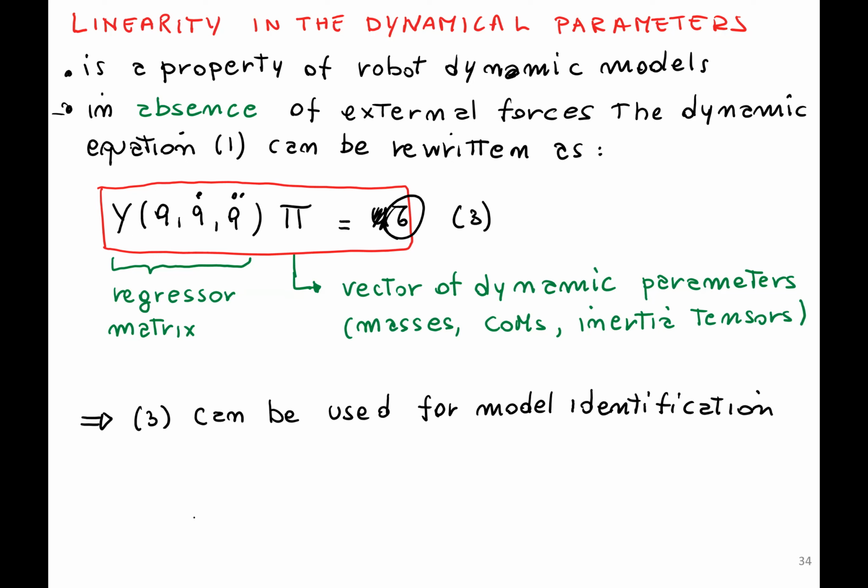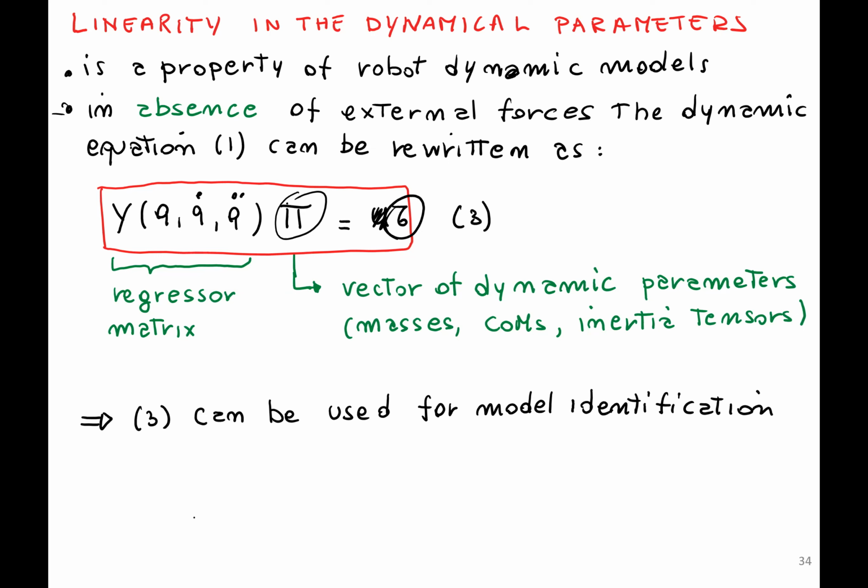We create a big set of regressor matrices and a big set of torque vectors put in a column, and we can do the least squares pseudo-inverse of the regressor matrix, and we can compute the parameters that will be the best fit that relates the torques to the joint position, velocity and acceleration.